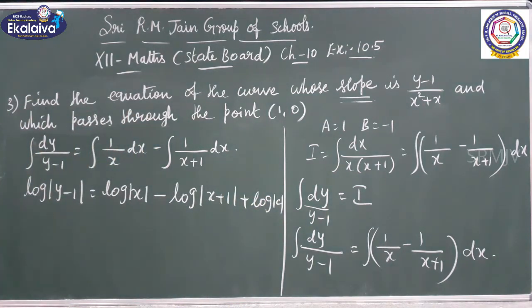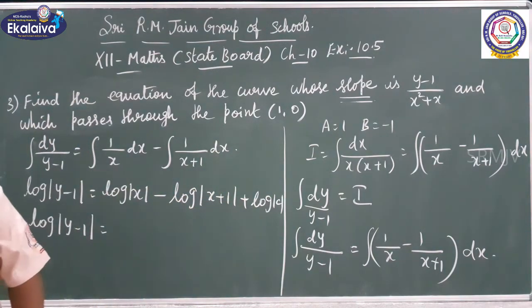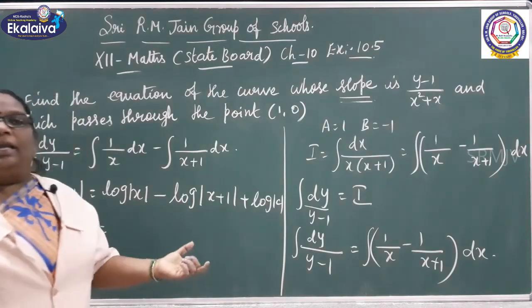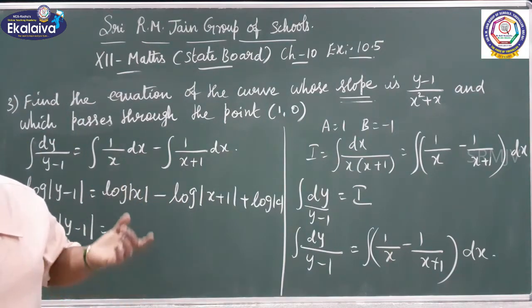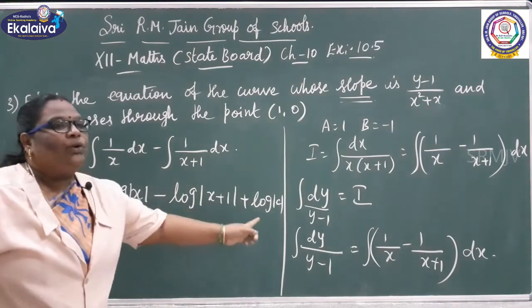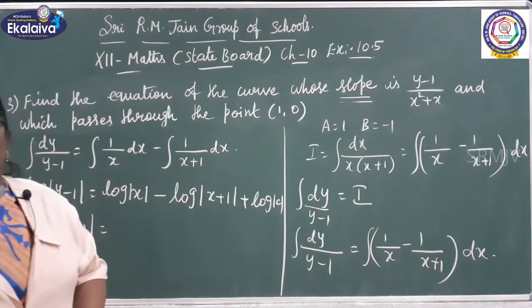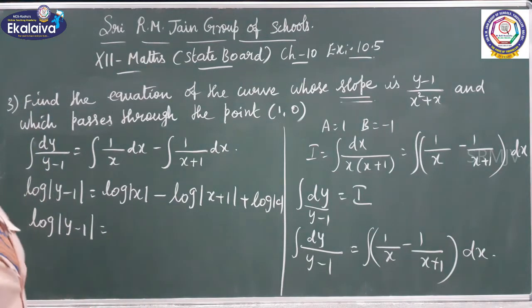So log of modulus of (y minus 1) equals log of mod x plus log of mod c minus log of mod (x plus 1). Recall log m plus log n equals log mn, and log m minus log n equals log m by n. If it is addition, you can write it in product form inside the logarithm; if it is subtraction, you write it in division form.